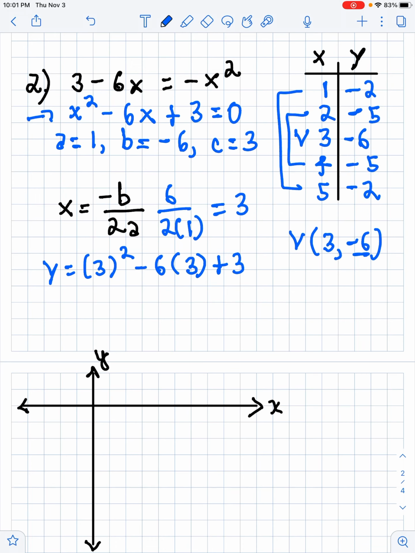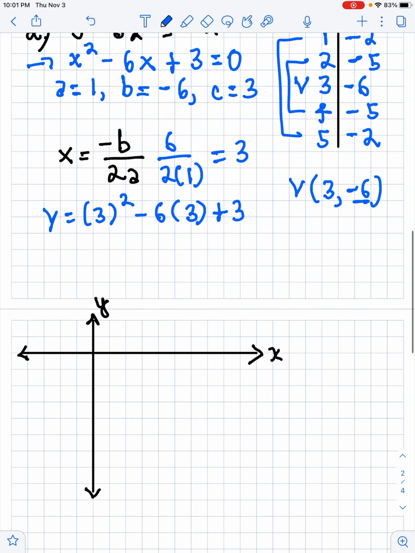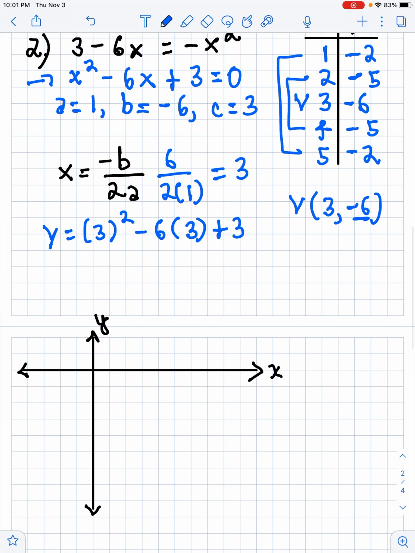And notice how all my y outputs are negative. So that means all those points are below the x-axis. So if I move this up slightly, (1, -2), (2, -5), (3, -6), (4, -5), and (5, -2).